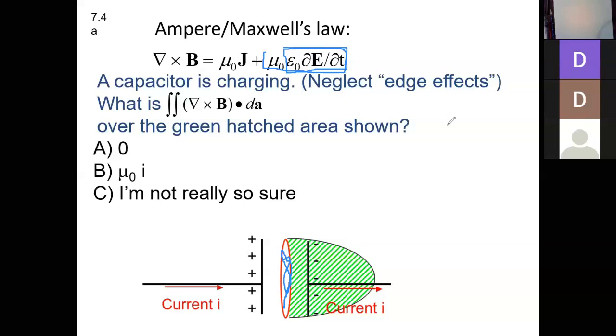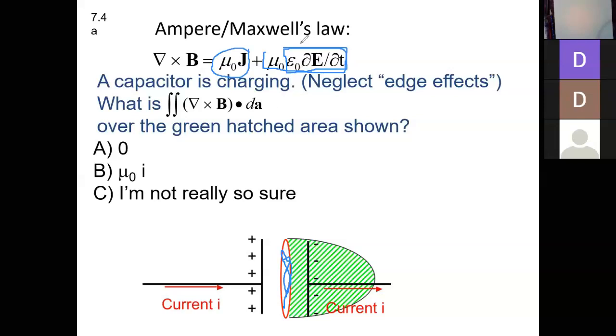So in this question, it says the capacitor is charging, and we're going to ignore the edge effect. So I don't care about the electric field that's outside the capacitor. I just care about the inside. And they're asking for the integral of the curl of B. Well, there's no J because there's no current.